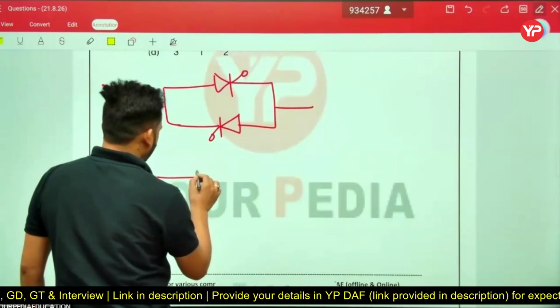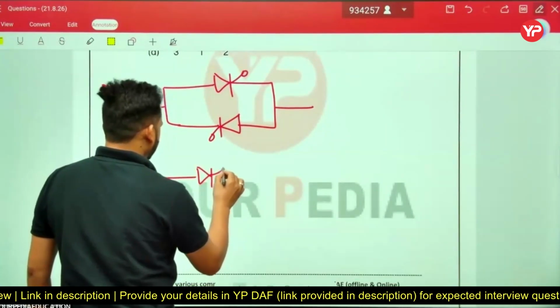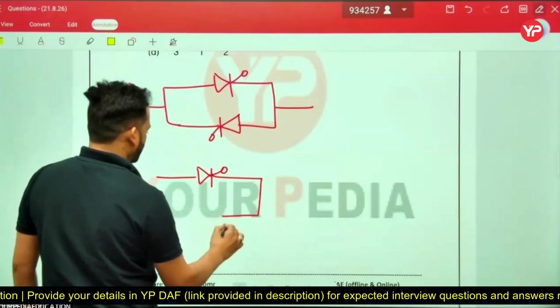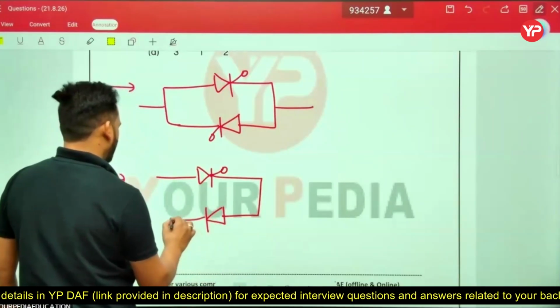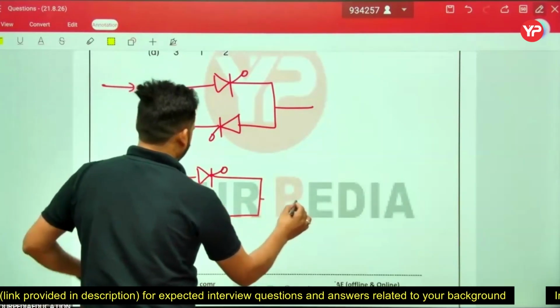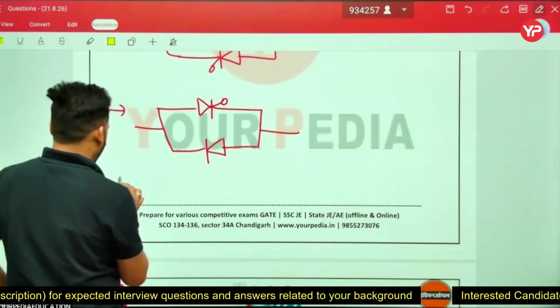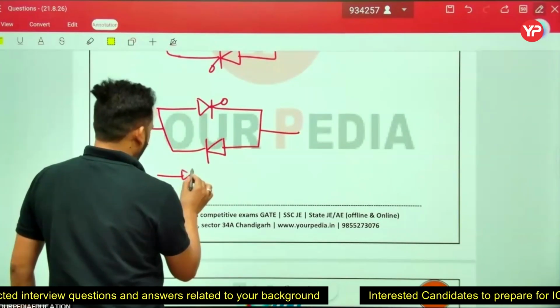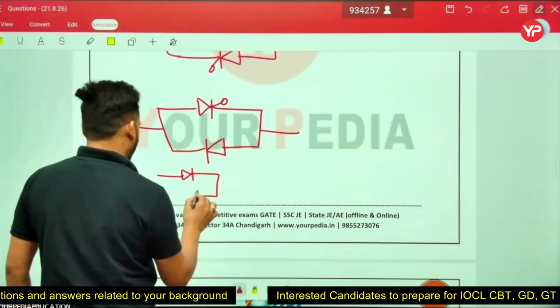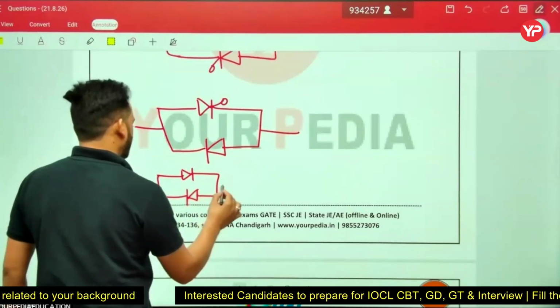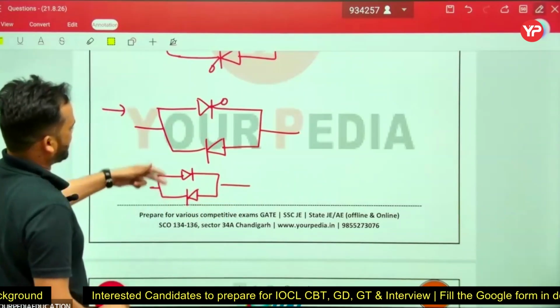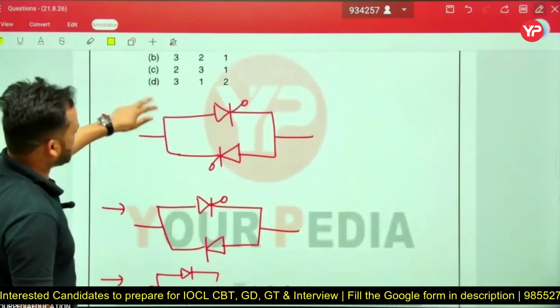Reverse conducting thyristor: one SCR and the other a diode, in anti-parallel fashion. And what about the diode? Two diodes in anti-parallel, like this. This is the symbol of the diode. This is the RCT. This is the triac.